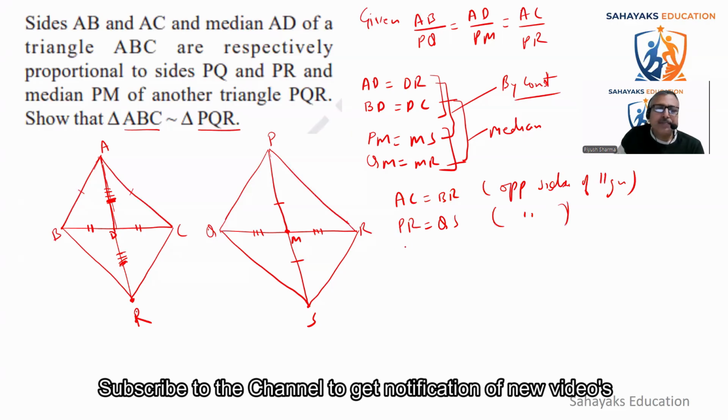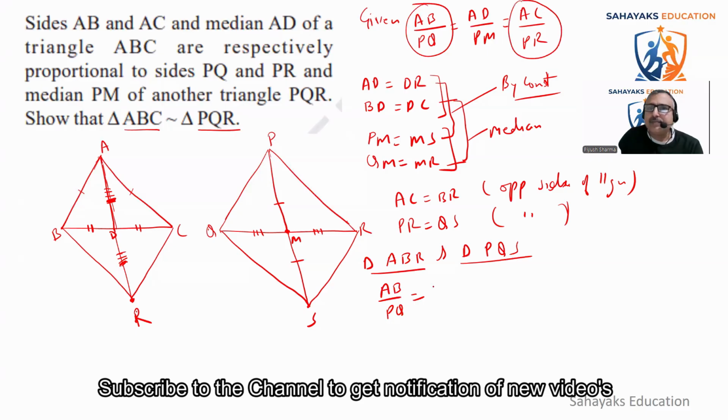Now, if we look at triangle ABR and triangle PQS, we know that AB by PQ is equal to AC by PR, and that was equal to AD by PM.